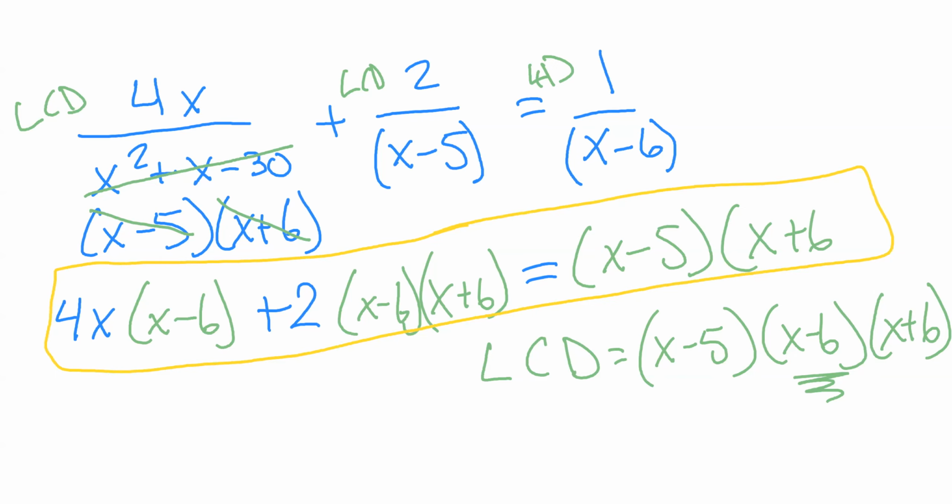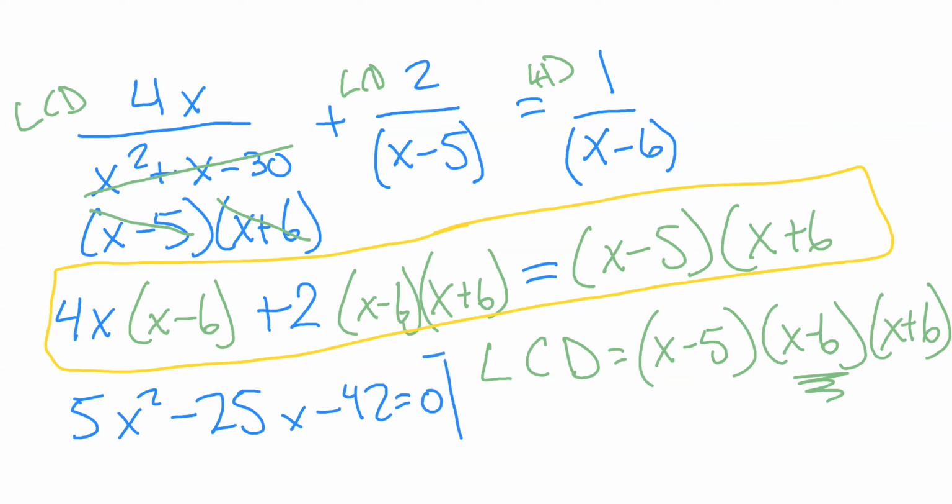We no longer have fractions, which is great, but we are going to have to multiply through with everything and then add our like terms together. And we are going to end up with the quadratic equation that looks like this. 5x squared minus 25x minus 42 equals 0.